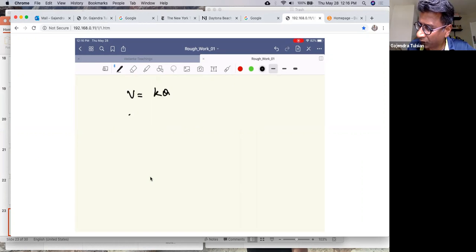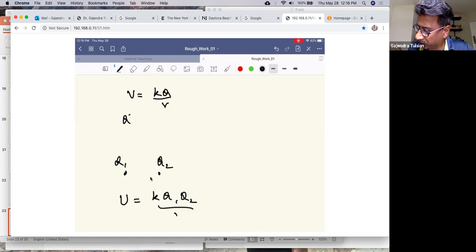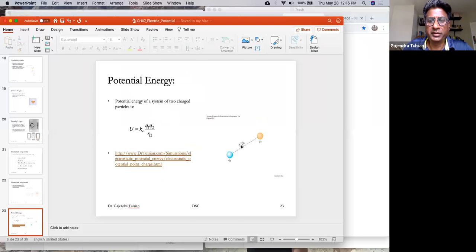And if you have 2 point charges, then there's a potential energy associated with the 2 point charges, and it is given by this. So if the charges are opposite, then the potential energy would be negative. If the charges are like charges, either both negative or both positive, then the potential energy will be positive.